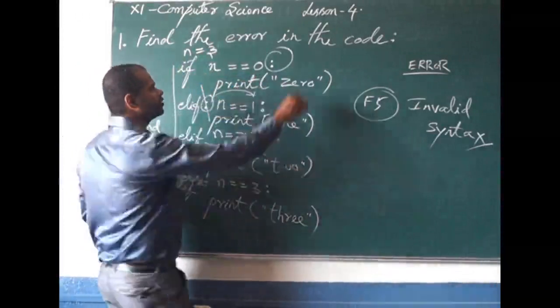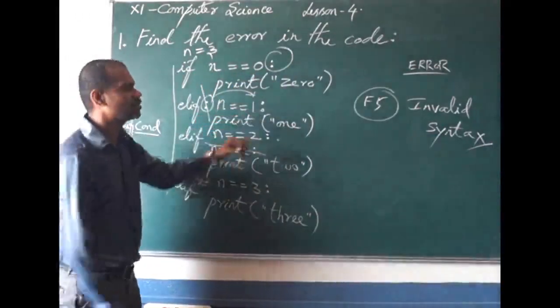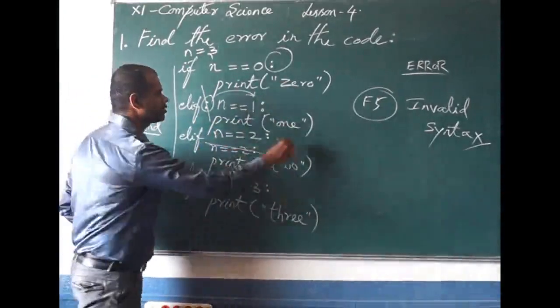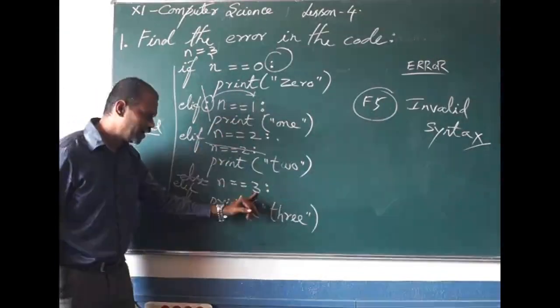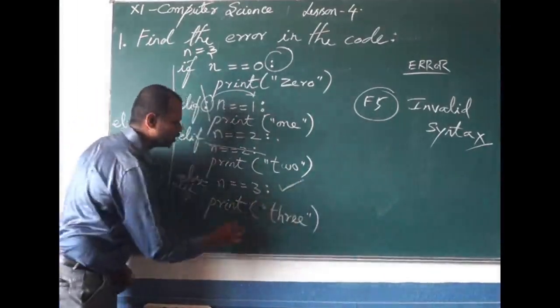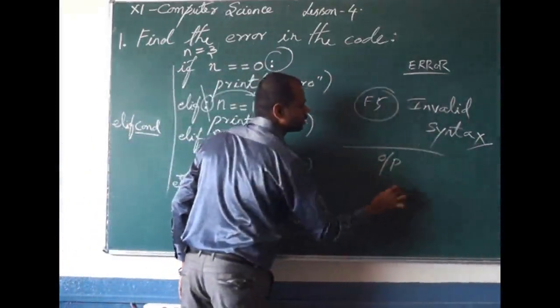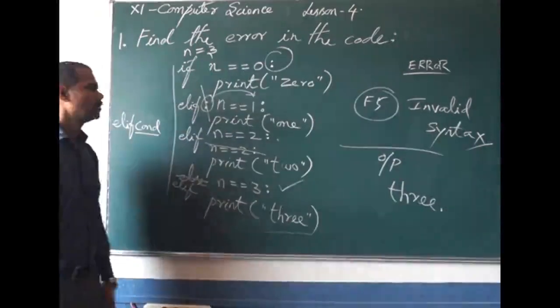This condition is false. Then 3 equal to 1, this condition is also false. And 3 equal to 2, this condition is also false. Then 3 equal to 3, this condition is true, so it will print 3. So the output is 3.